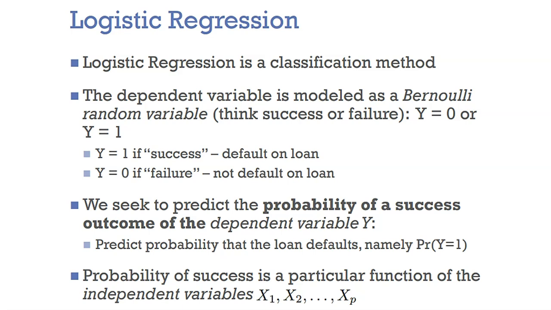The probability of success, in parentheses, success here means the default on the loan, is a particular function of independent variables or explanatory variables, x1 up to xp. So we can consider multiple, specifically numerical variables as explanatory variables.